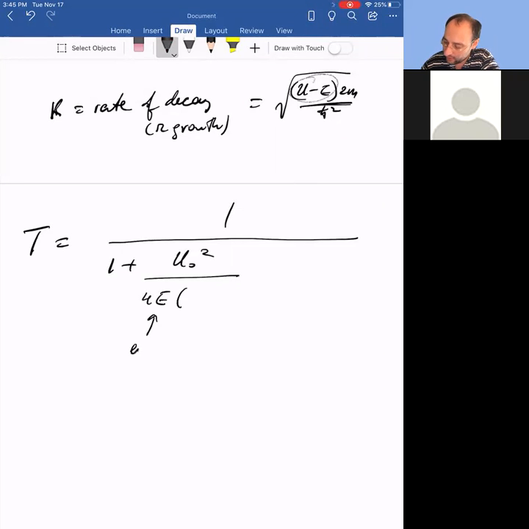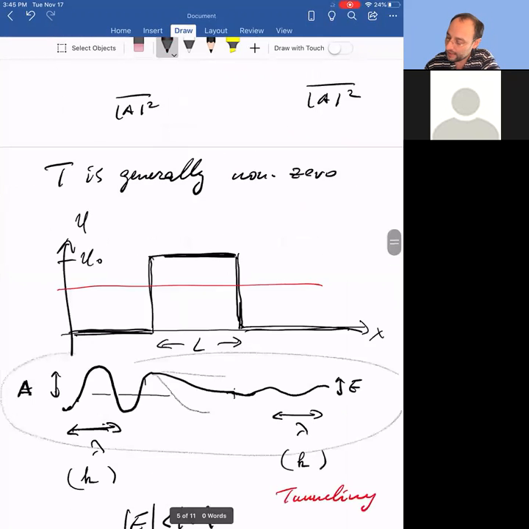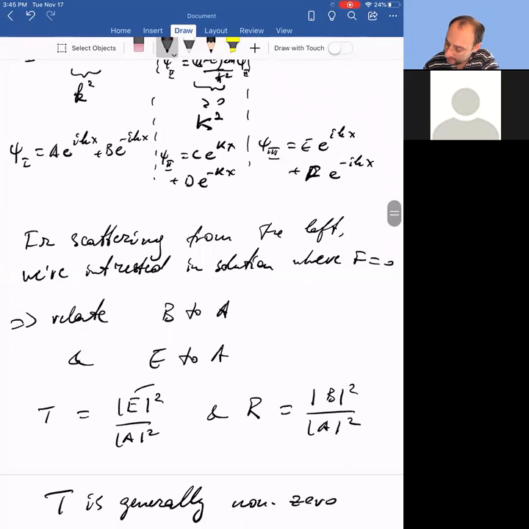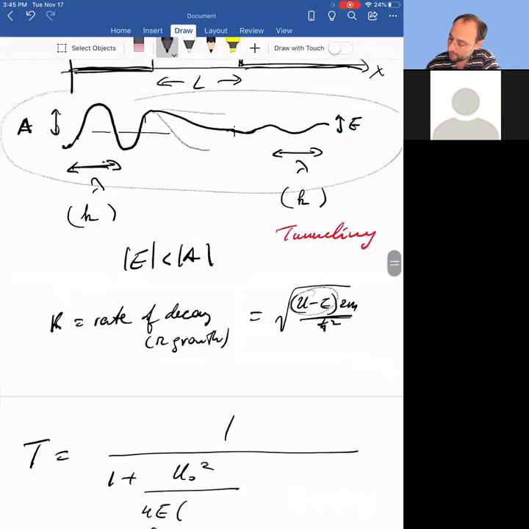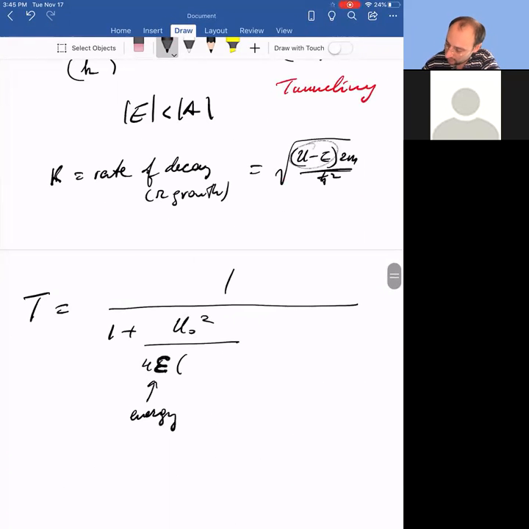So this is now energy. Unfortunately, I'm using E. This is not energy, this is coefficient E. So not energy, but this is, let me use this, right?